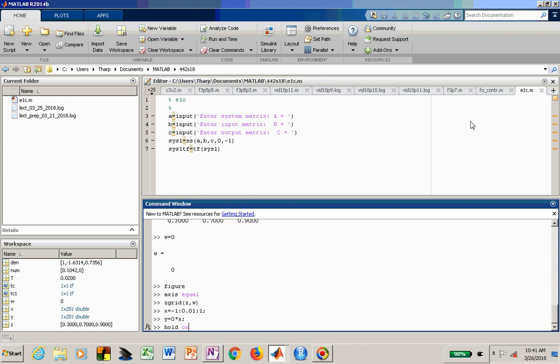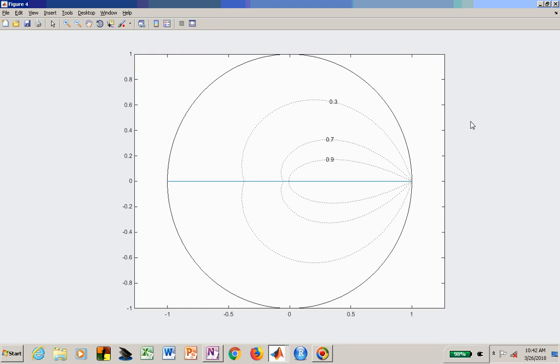And now we can hold on to that last figure that we had opened, and we can now plot x, y. So now we're plotting y with respect to x. Y is 0, and x is going from -1 to 1. So that should give us a horizontal line going through the origin in our previous figure. And in fact, it does, from -1 to 1 through the horizontal line.